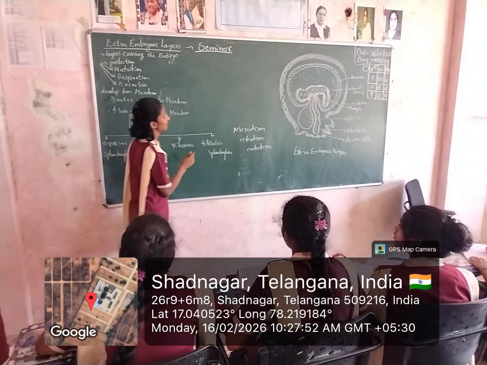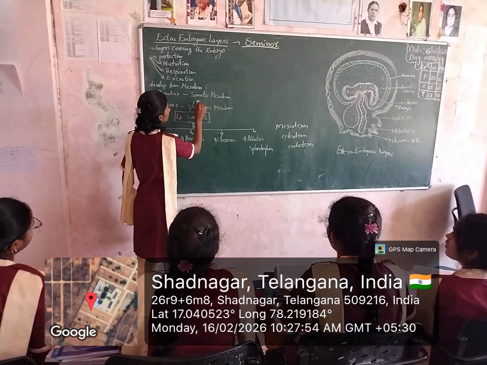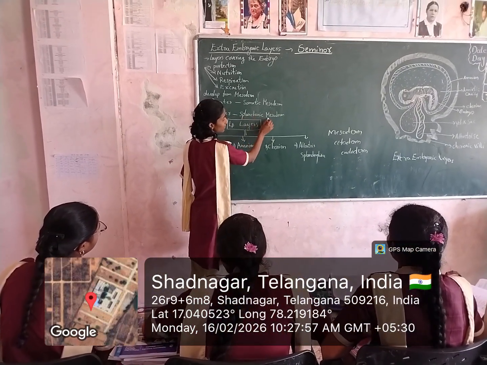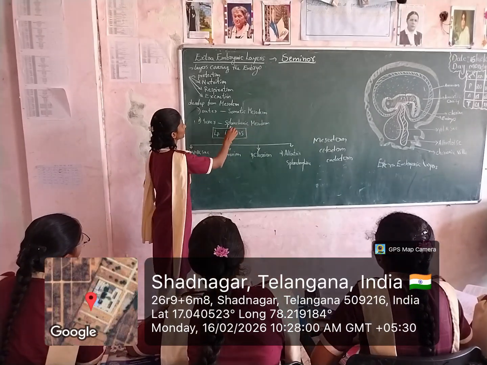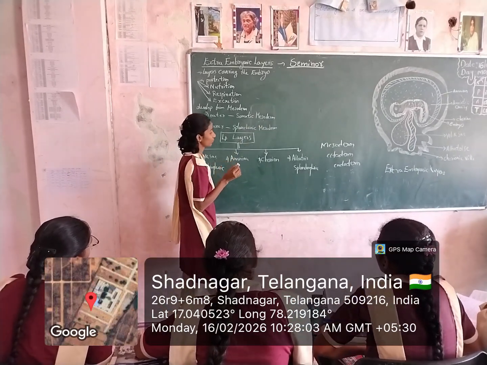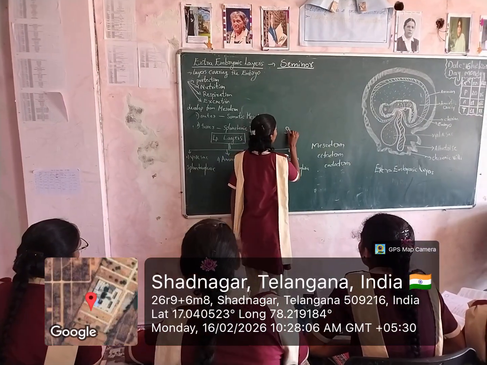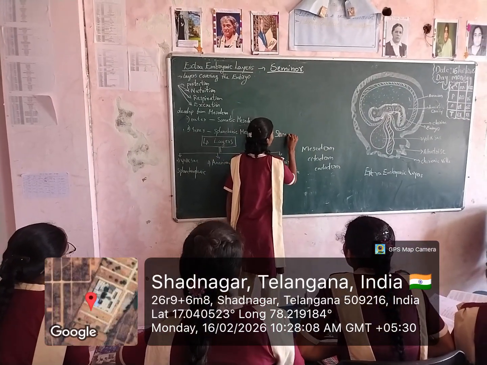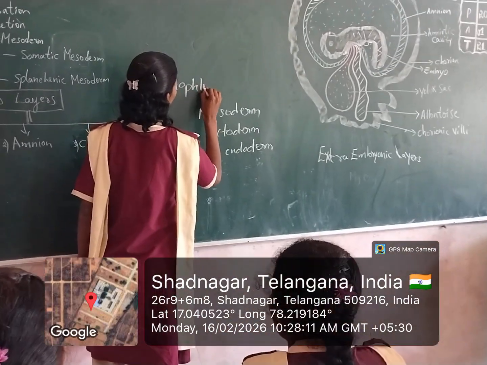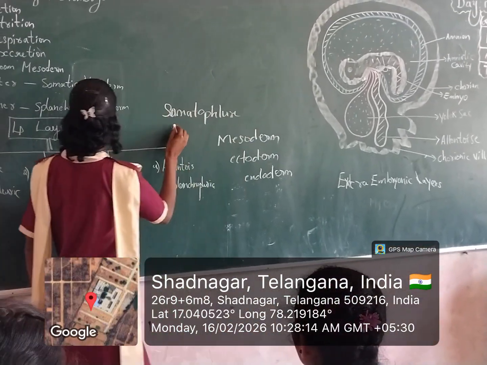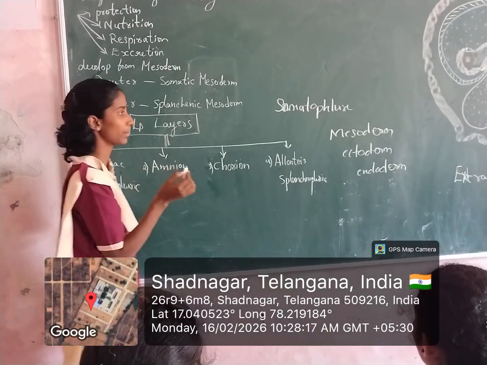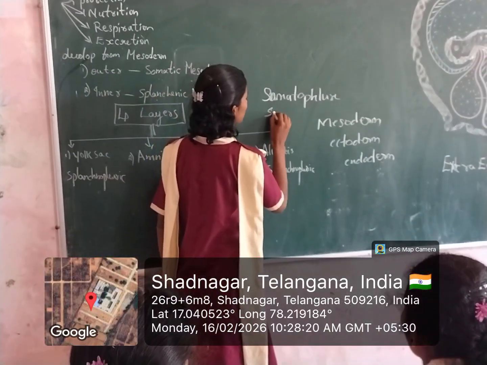The upper layer is called somatic mesoderm and the lower layer is called splanchnic mesoderm. Okay. So the somatic mesoderm underlying ectoderm is called somatopleure. The splanchnic mesoderm underlying endoderm is called splanchnopleure.